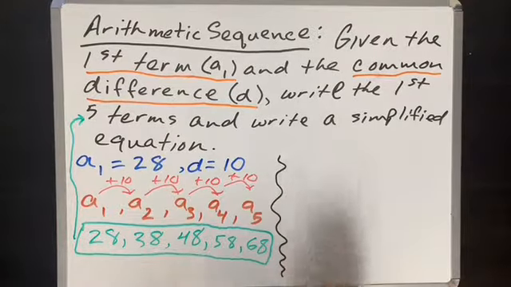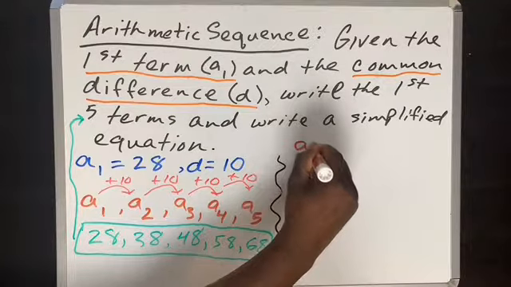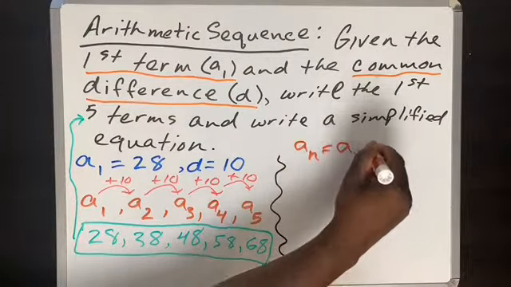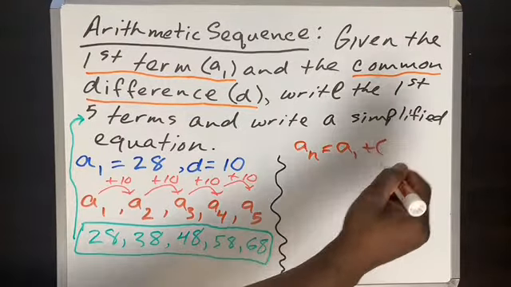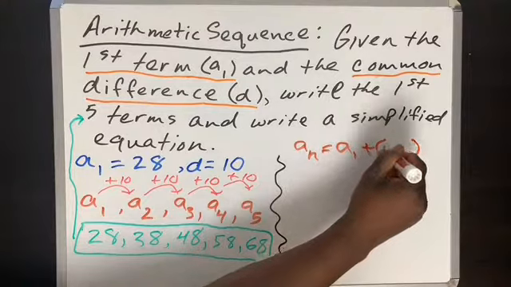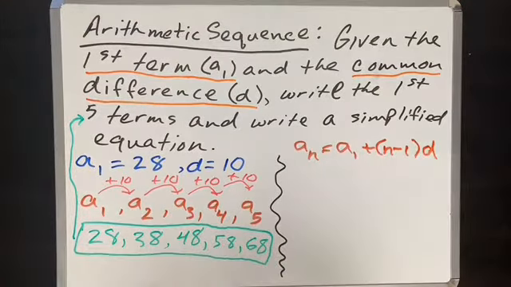It is a sub n equals a sub 1 plus the quantity of n minus 1 times d. Now, we're going to substitute a sub 1 and d, the common difference, and then we're going to simplify that equation.